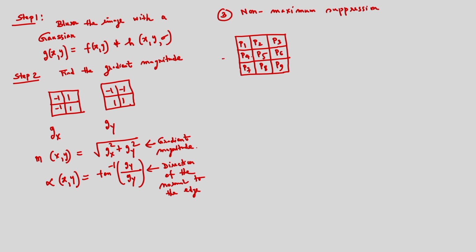So I am considering the horizontal edge like this, passing through the point P5. Corresponding to this edge I have to find the neighborhood pixels. This is the normal to the edge, and again I am drawing another figure, the same thing.